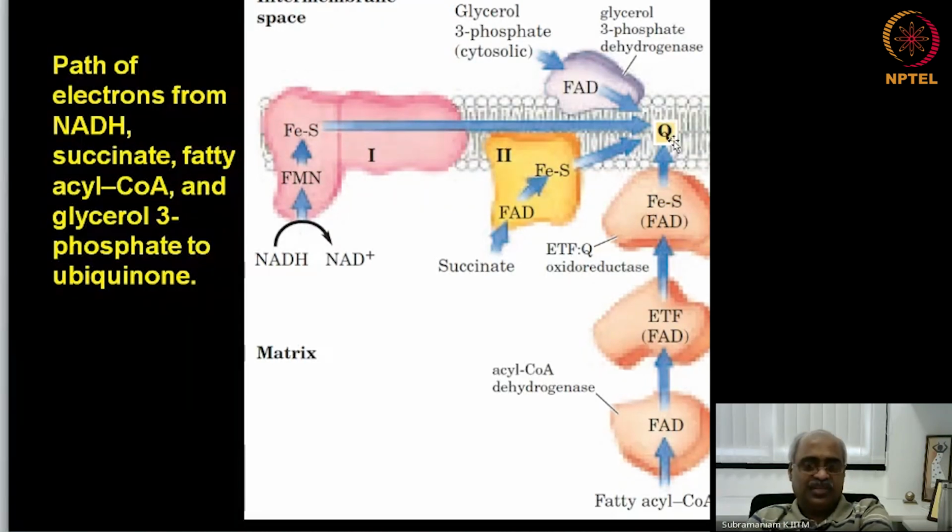So this QH2, having 2 protons and 2 electrons, will have to do it 1 at a time, and that is accomplished by a process called the Q cycle. I'll explain that while we are discussing complex 3. So complex 3 is going to oxidize ubiquinone and reduce cytochrome C.